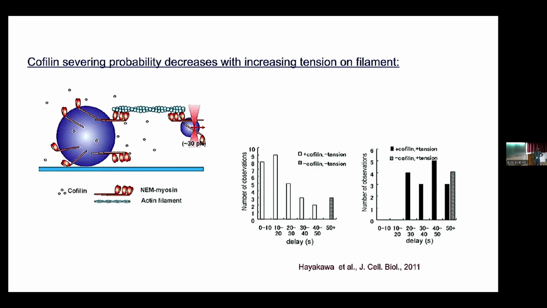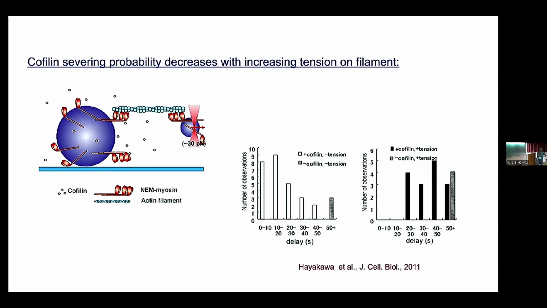There have been some more recent experiments done on actin filaments held between an optical trap and a stuck bead. What they did was apply different amounts of tension on this filament, then pass cofilin into the chamber and see how cofilin binds and severs the filament.